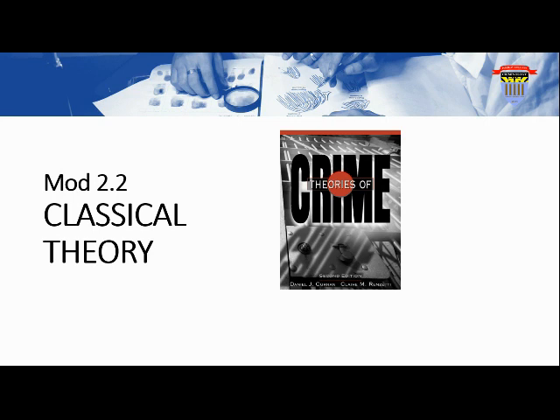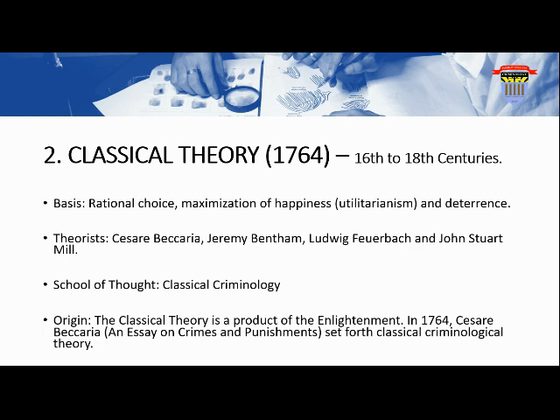I'm Mr. Jenner Pandan, and today we will be talking about module 2.2, the classical theory. So moving on, classical theory. This is from the year 1764, in the 16th to 18th centuries.